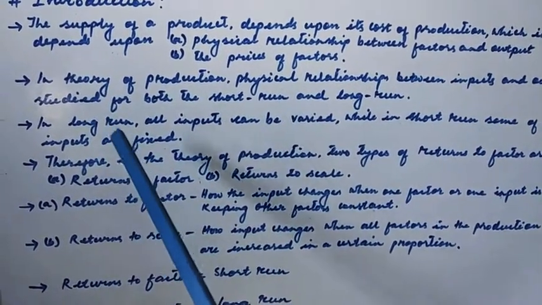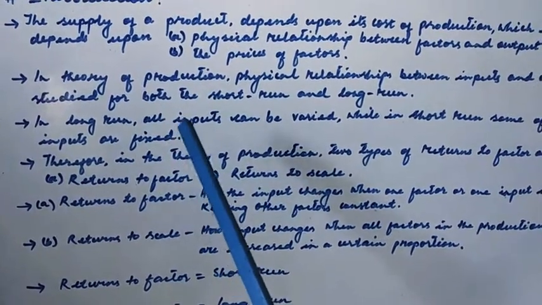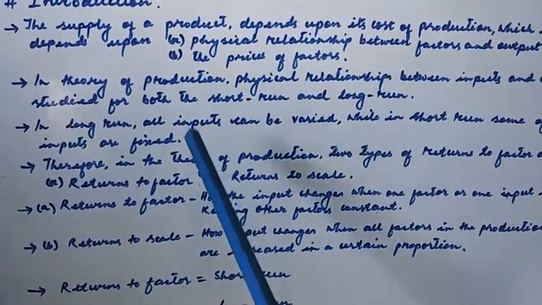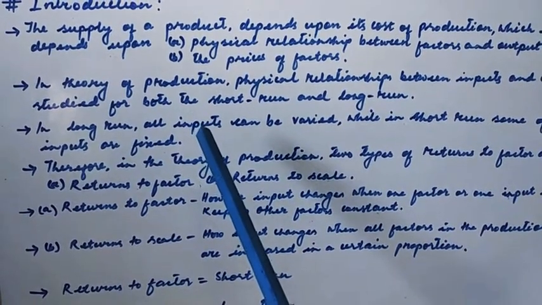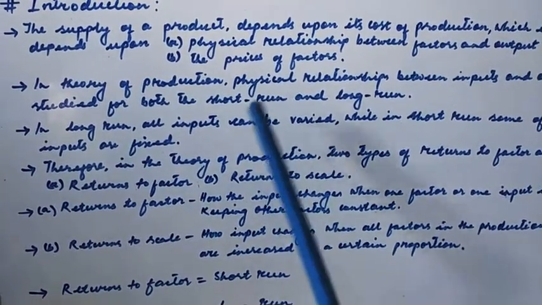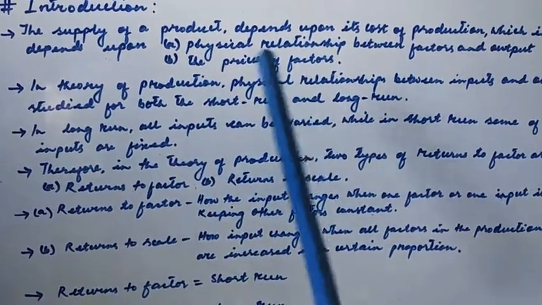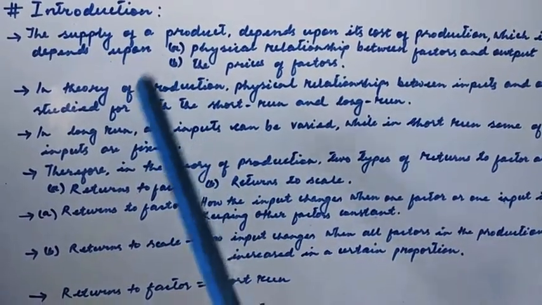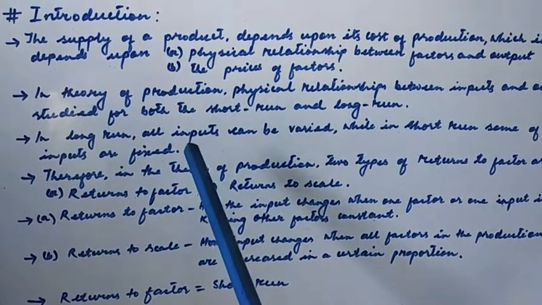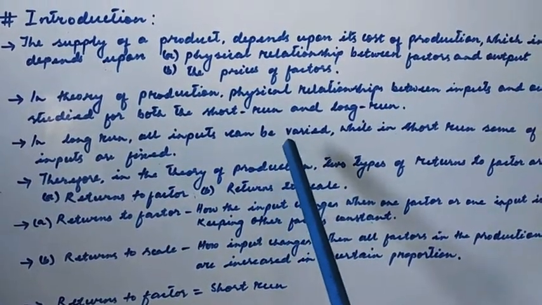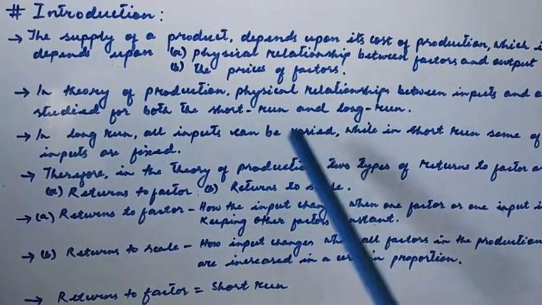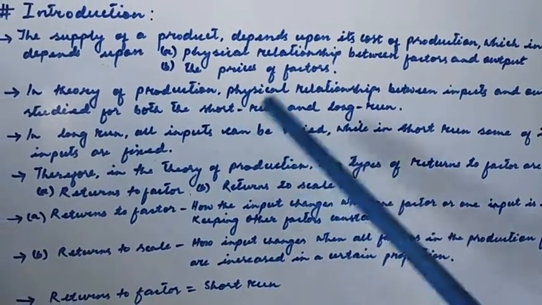So in the long run, as we have said, all inputs can be varied. In the long run, even price elasticity of demand is very elastic, because things can change when enough time is given. So in the long run, all the inputs used for production of a commodity can be varied.